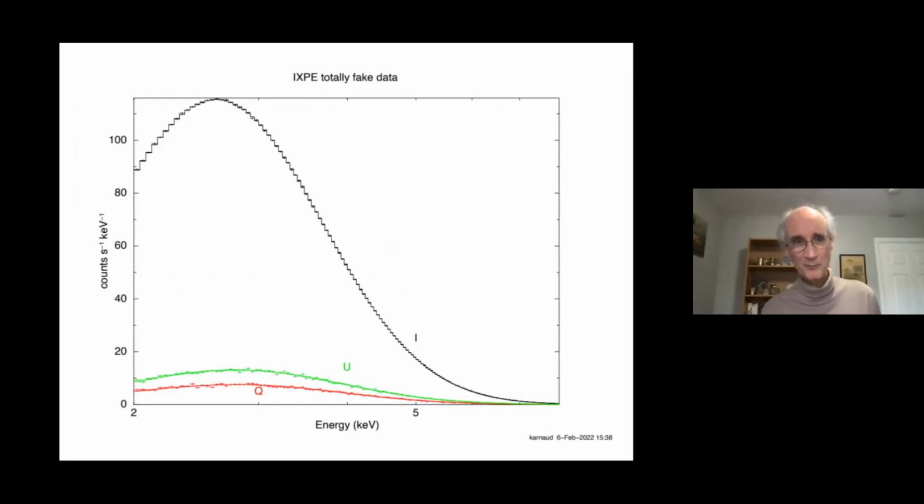But when you're doing spectropolarimetry, you'll have 3 spectra at a time for the 3 Stokes parameters. I've shown the I, U, and Q. So we have to build models which are predicting the different things based on which Stokes parameter it is. This is all going to be in the next release of XSPEC. That's something I've been working on recently in collaboration with parts of the IXPE team.